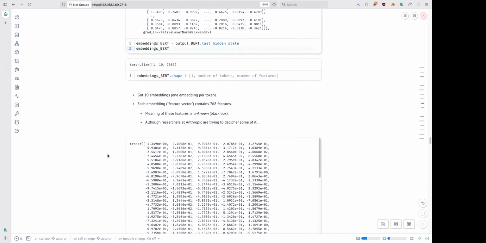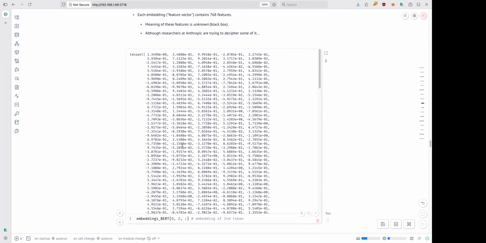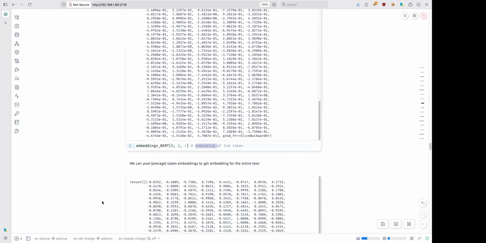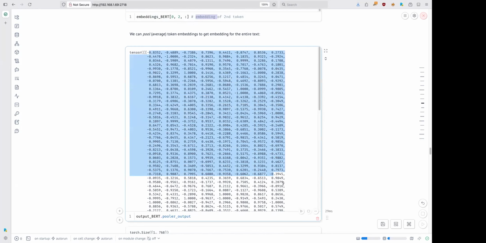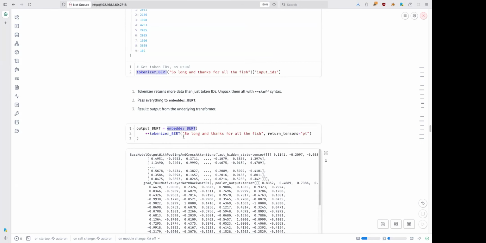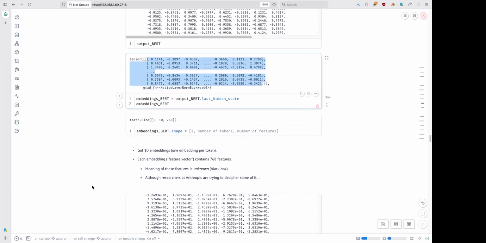Another thing that the model provides is this massive pile of numbers. This is a single embedding, not this one, this one. This is the embedding for the entire text. So here, up above, the text is "So long and thanks for all the fish." These are individual token embeddings. We have 10 embeddings, 10 tokens.